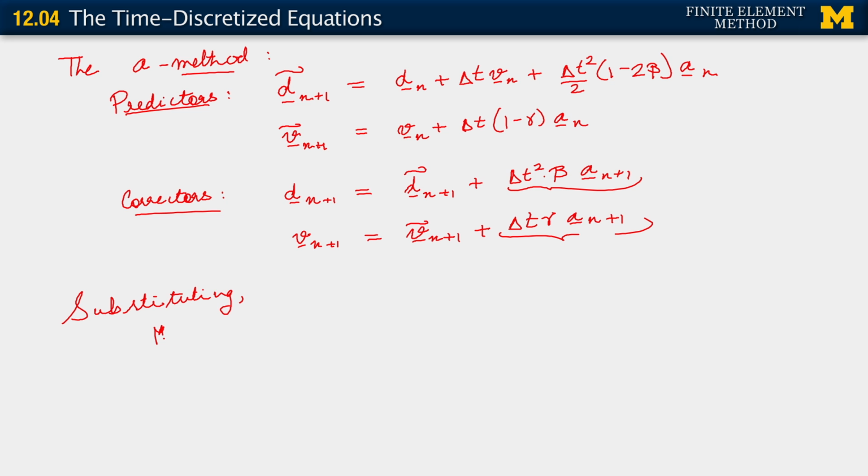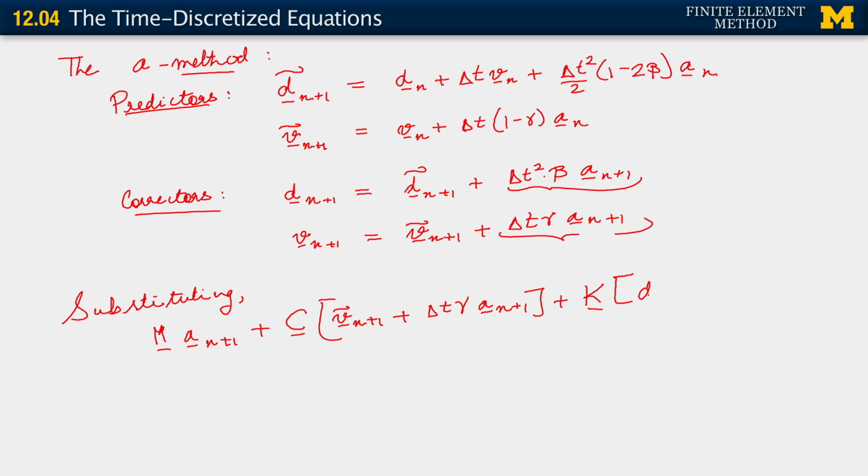We get m a n plus 1 plus c multiplying, c multiplies v n plus 1. So we get the predictor plus corrector, and for k, k multiplies d n plus 1.